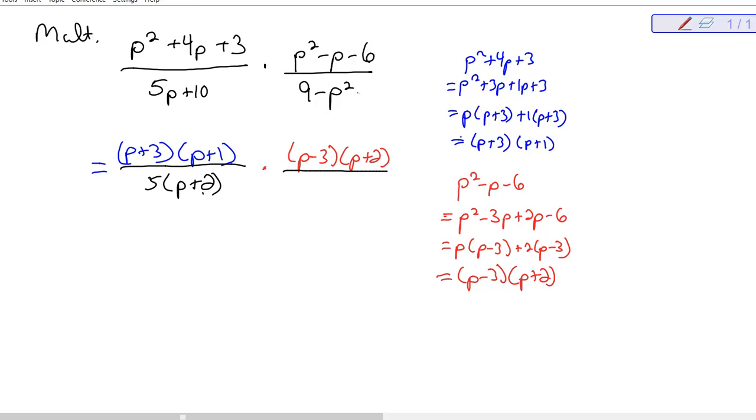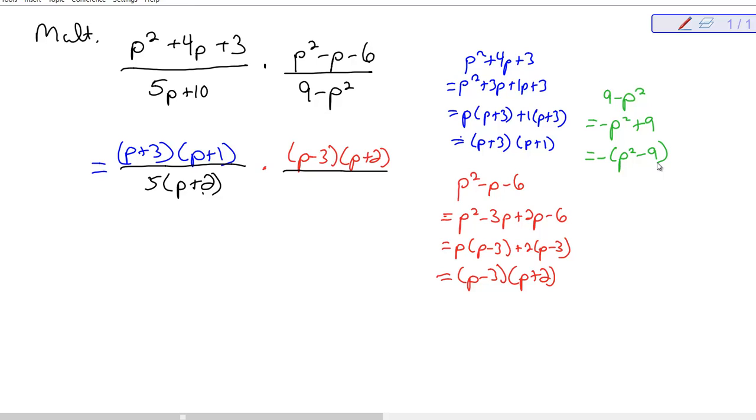Okay. Looking at this 9 minus p squared, notice everything else has the p in the front. So let's look at that 9 minus p squared. First thing I'm going to do is rewrite that as negative p squared plus 9. I wanted to make that p squared positive, so I'm going to factor out a negative.